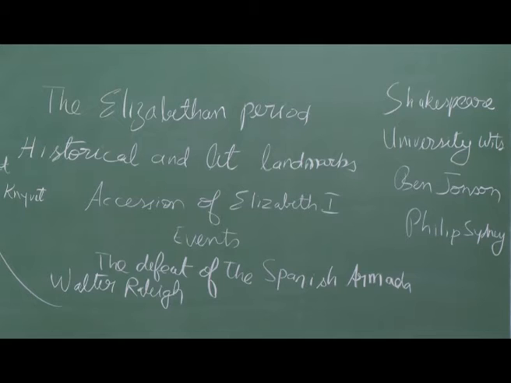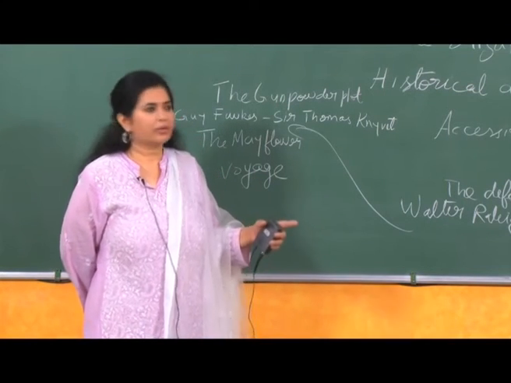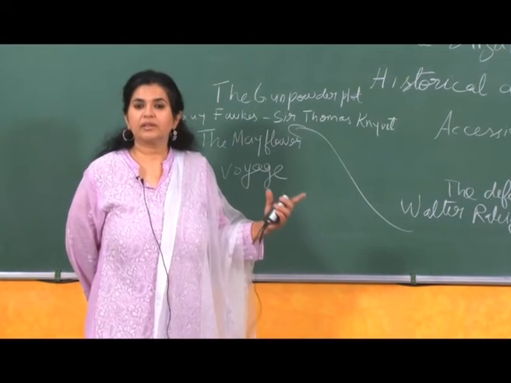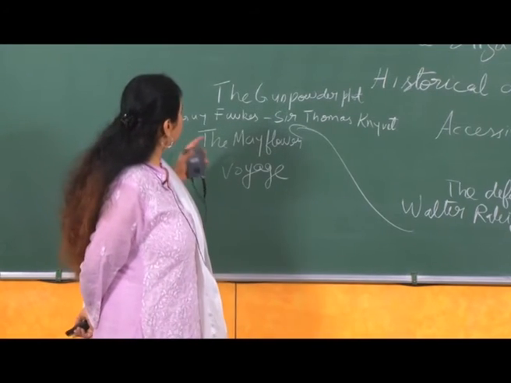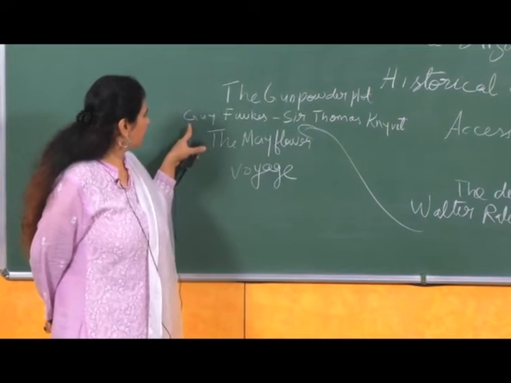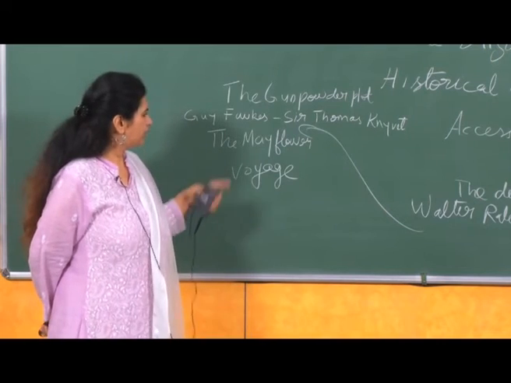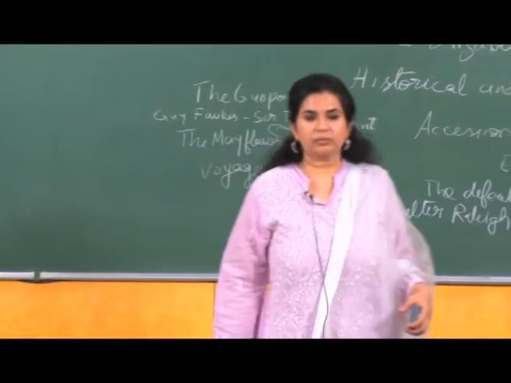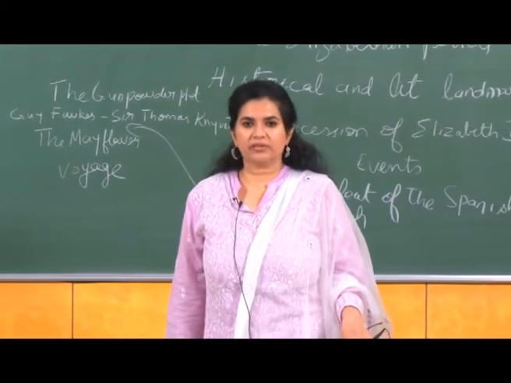Also, after her very long era got over, some events that took place during the reign of King James I: the Gunpowder Plot. Here are two important names, Guy Fawkes and Sir Thomas Knyvett, and the Mayflower voyage. So, these are the events that took place during the reign of King James I.